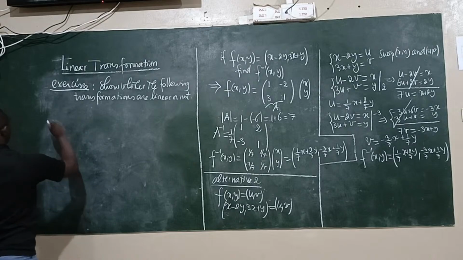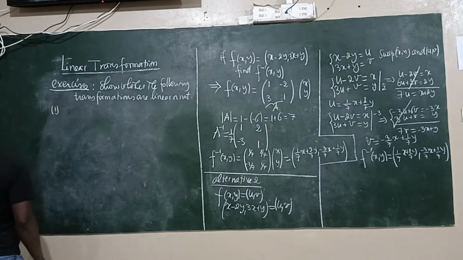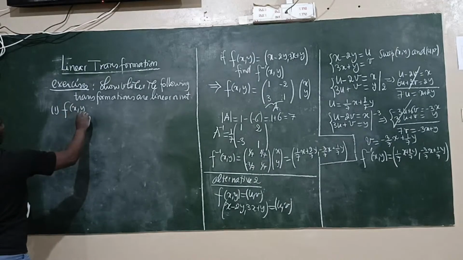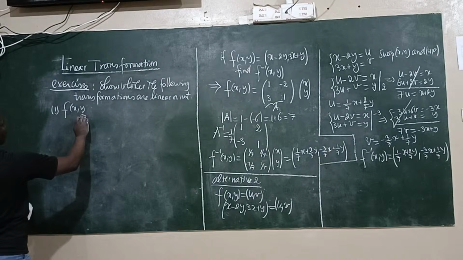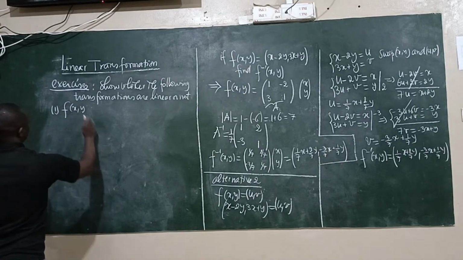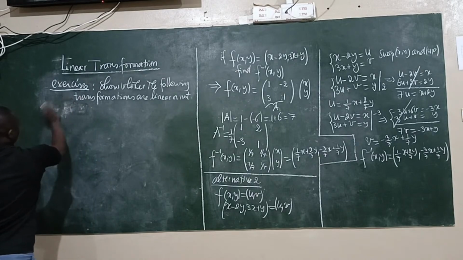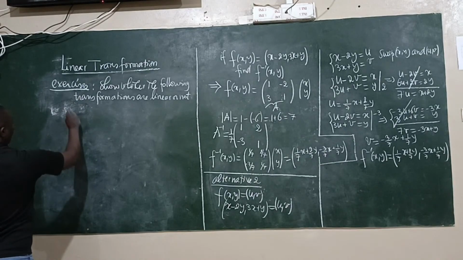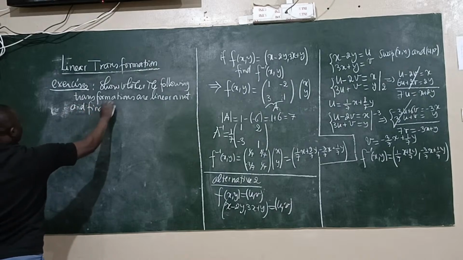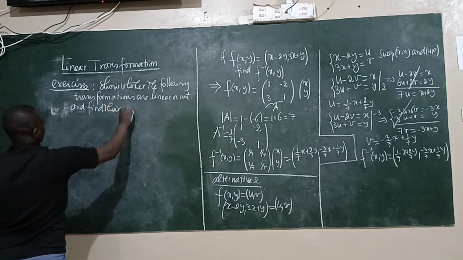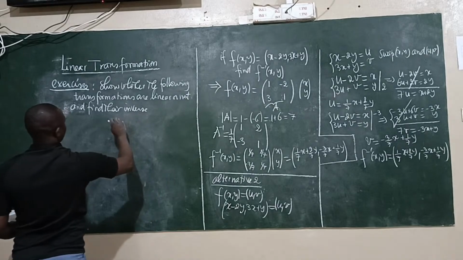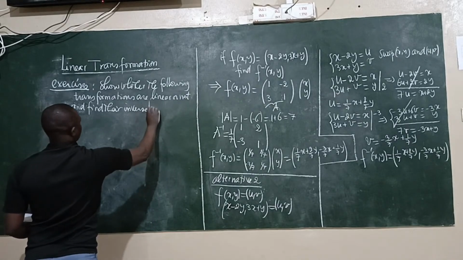Question 1. Actually, here it is not about showing whether a transformation is linear. Find their inverses, their inverse transformations.